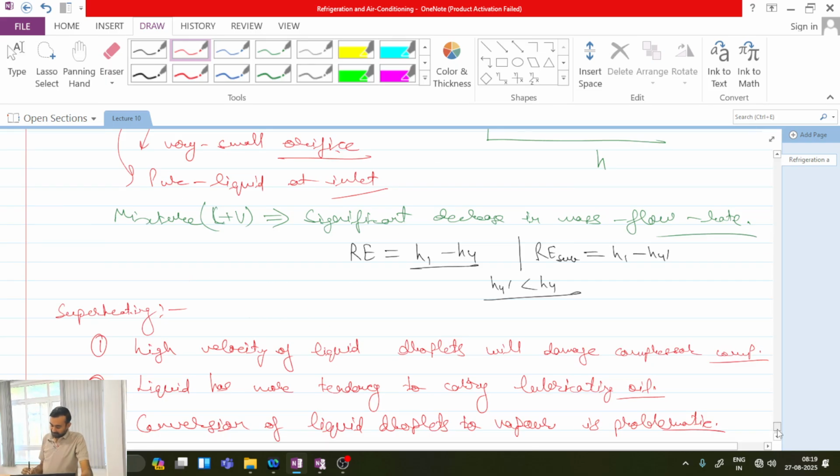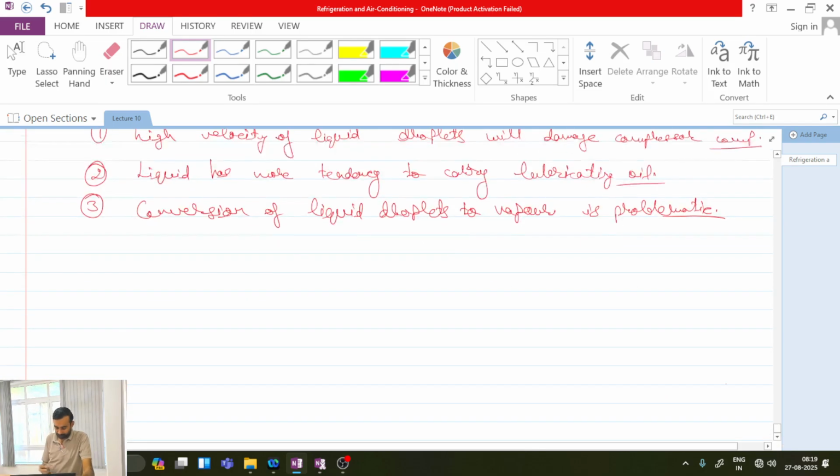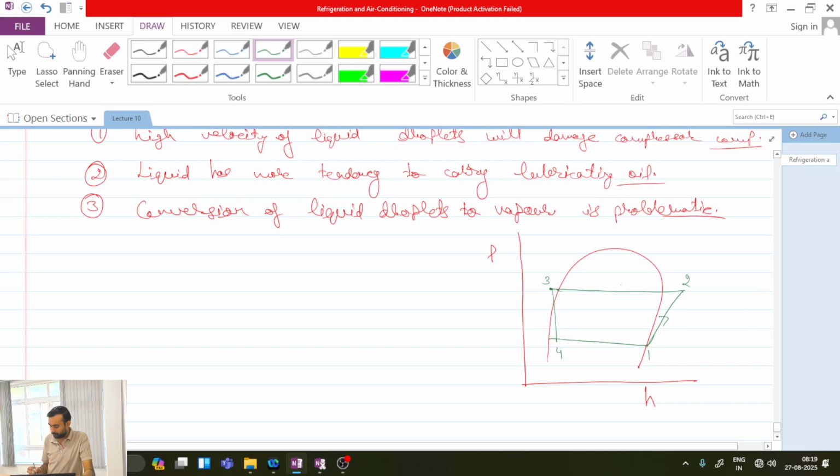That's why on my pH diagram, instead of starting from point 1, my attempt will be to go to some point 1 dash.